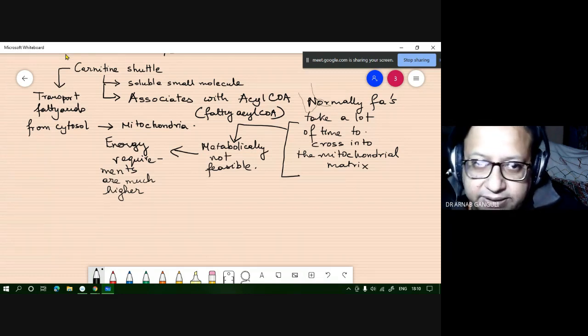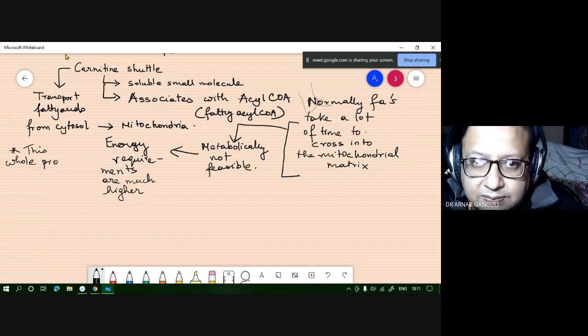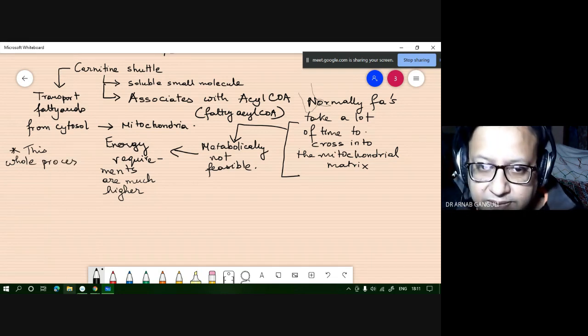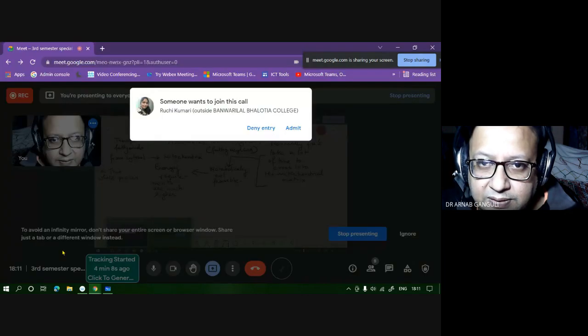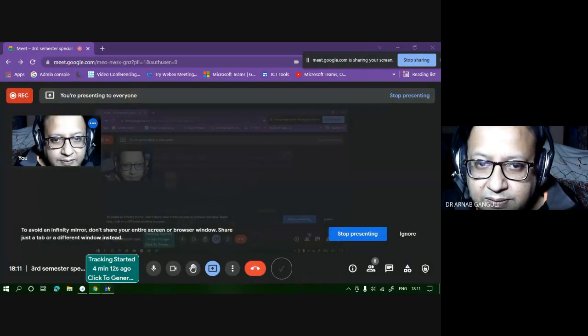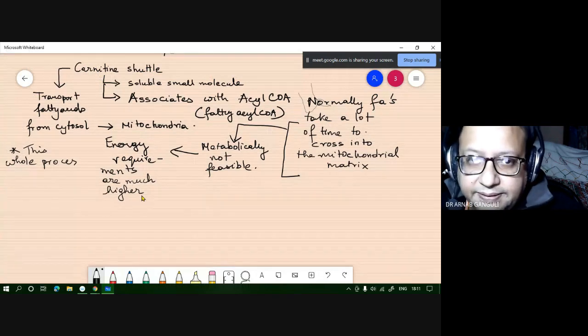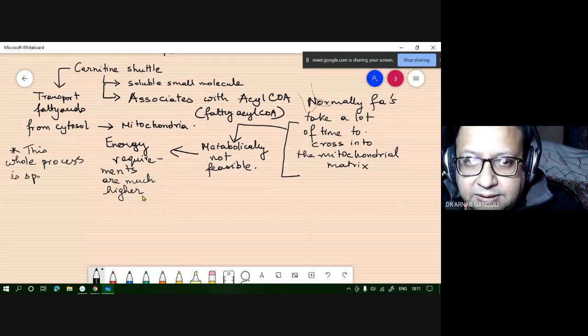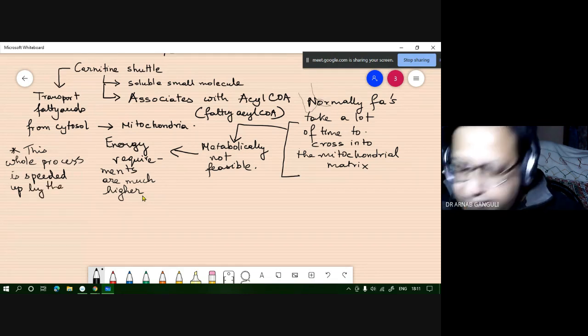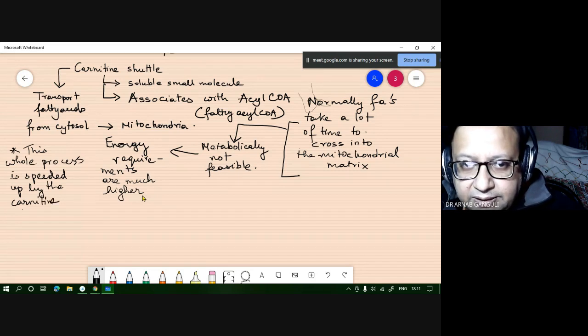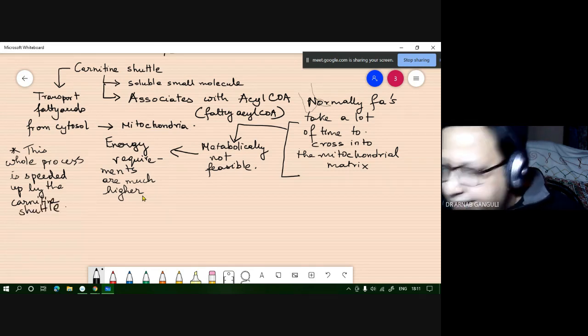So this whole process is speeded up by the carnitine shuttle.